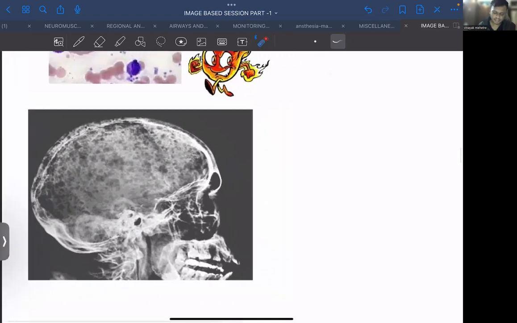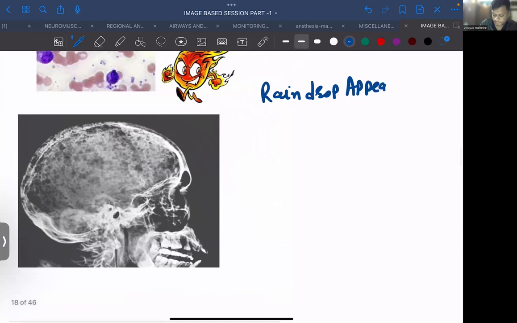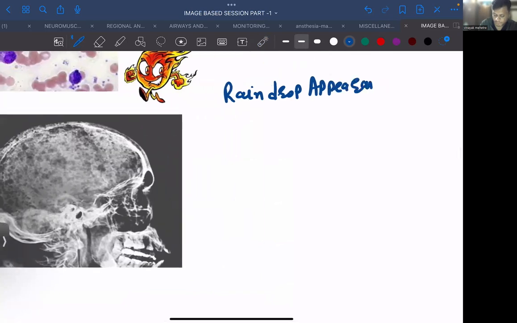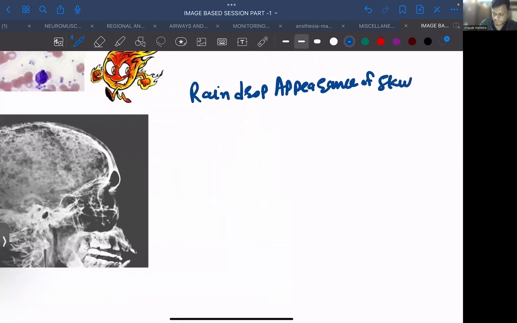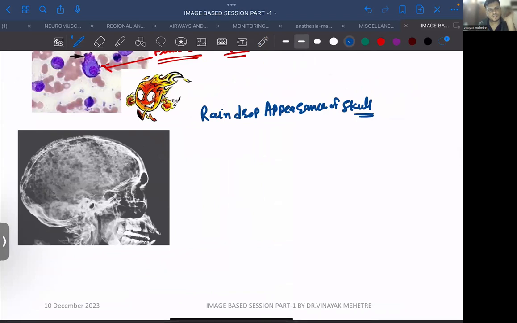It looks like water has dropped, right? It is called rain drop appearance of skull. Okay, rain drop appearance of skull. Why are we having this rain drop skull?